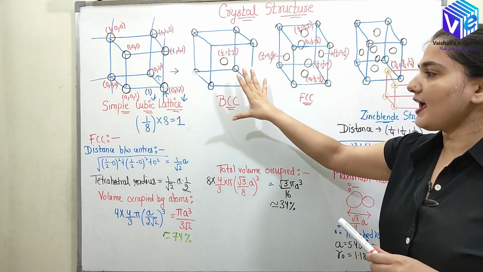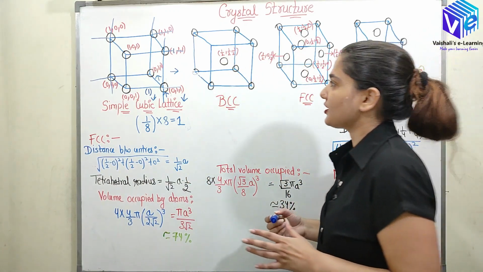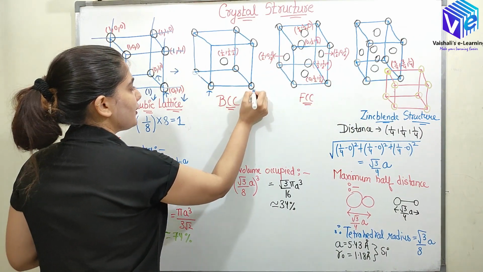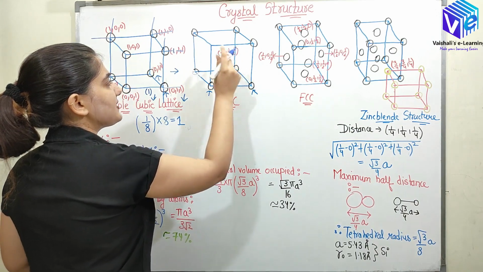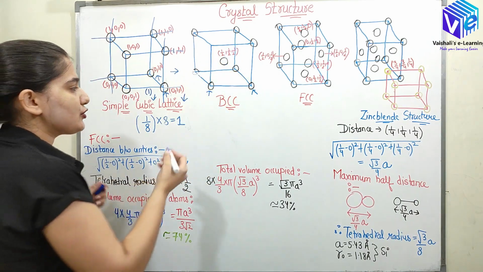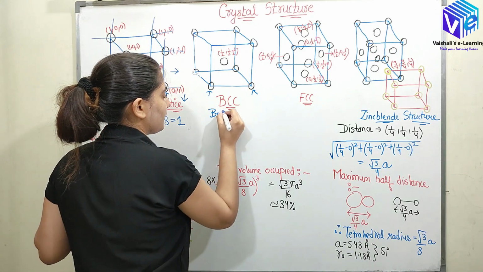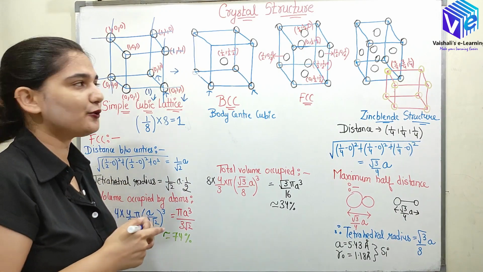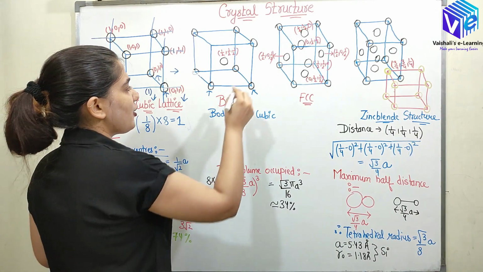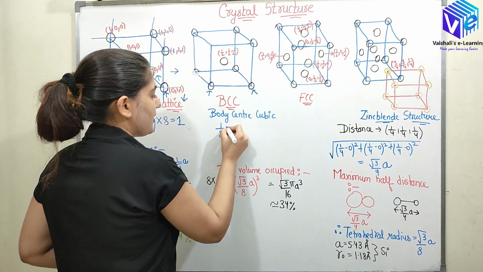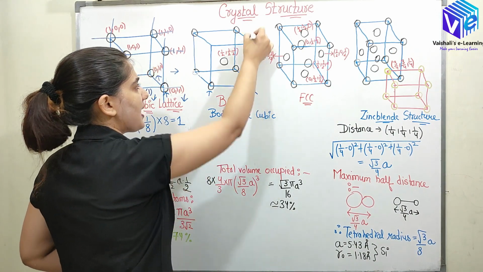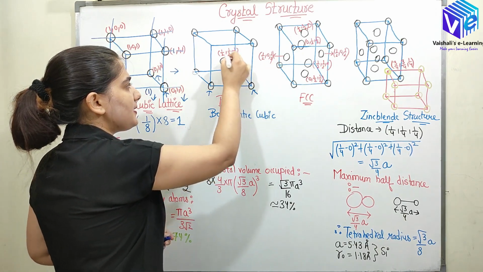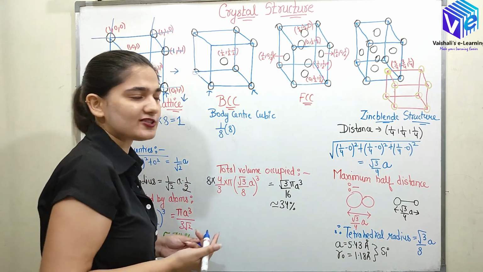Now the second type of crystal structure is the BCC structure. Here we have 1 atom at each corner of the cube plus 1 atom present at the center of the cube. It is also called body centered cubic. Now to find the total number of atoms: 1 by 8 multiplied by 8, because the corner atoms are shared by 8 structures, and the atom at the center is wholly occupied by this cubic structure.